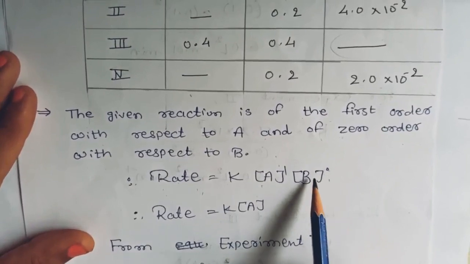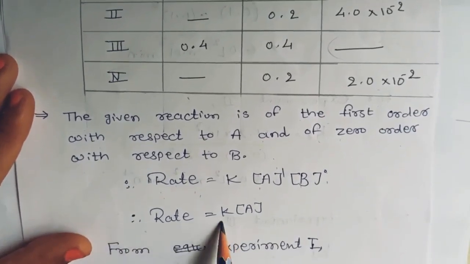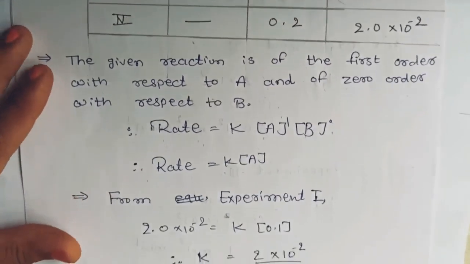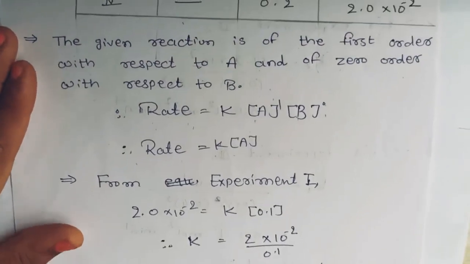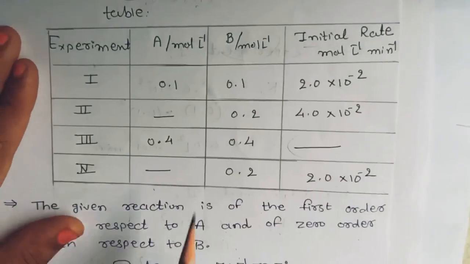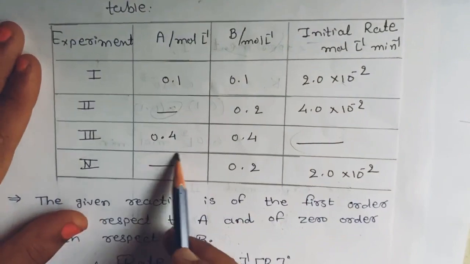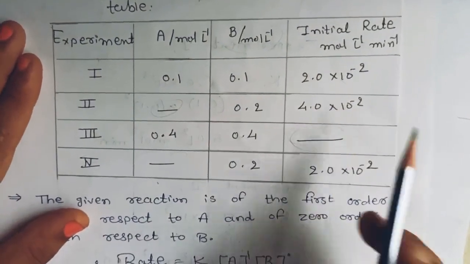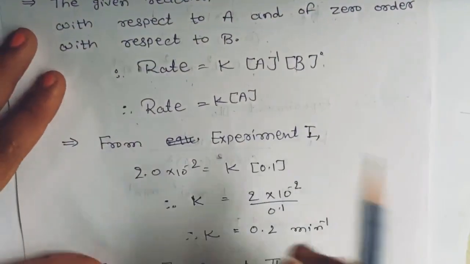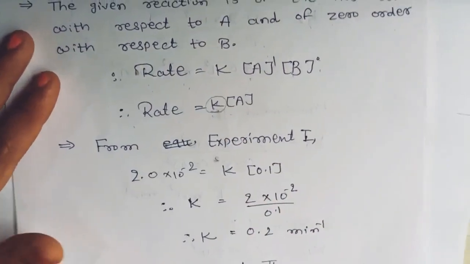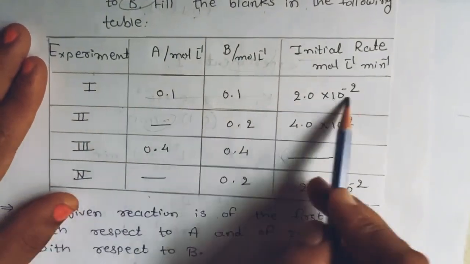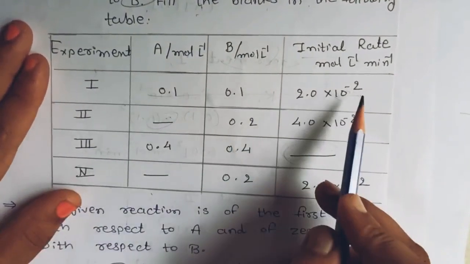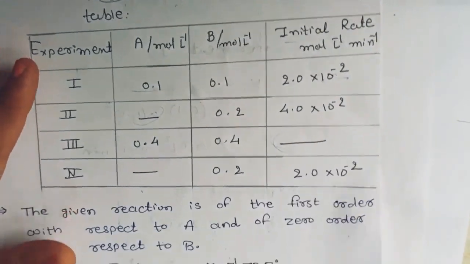So we can write that rate equal to K into concentration of A, right? Now we have to find the concentration of A and the initial rate. But for that we want K. So from the first given data, all terms are given, so you can easily find the value of K, right?